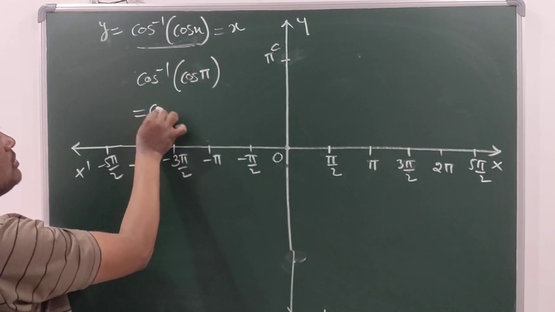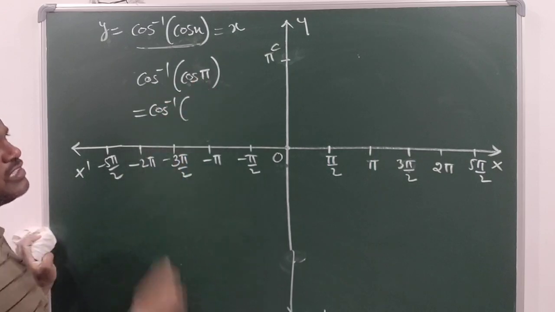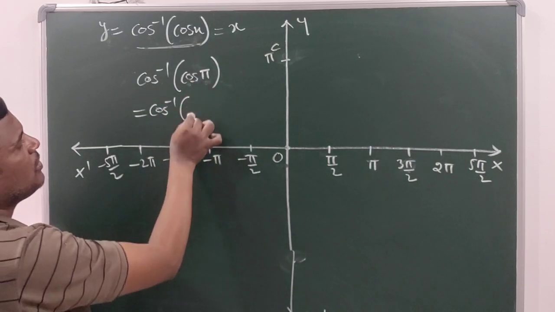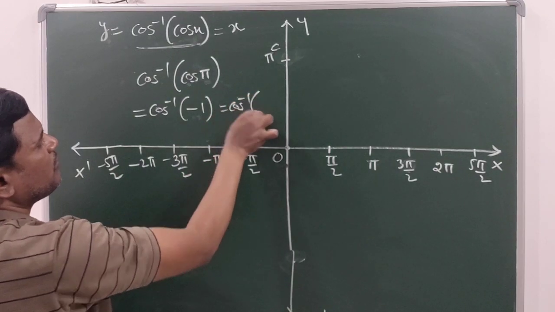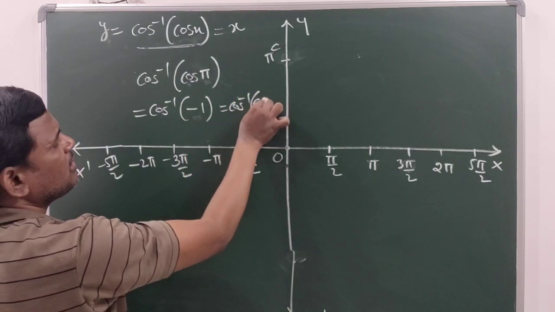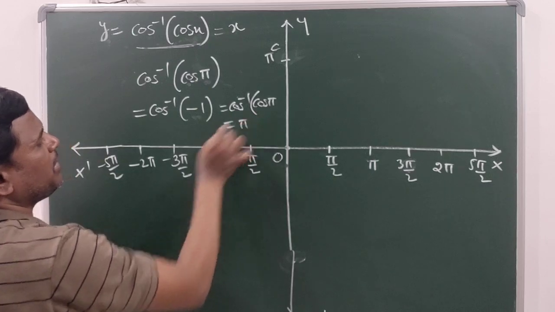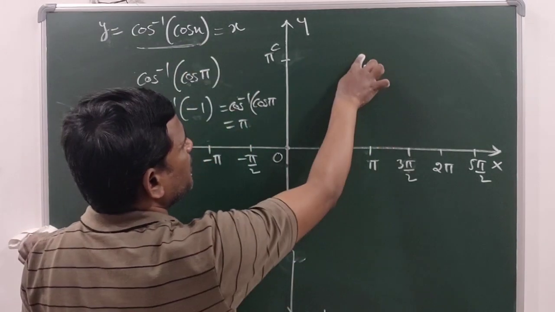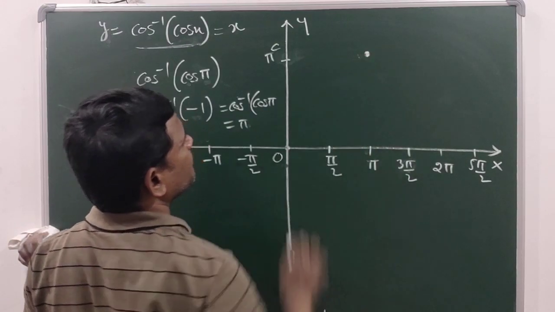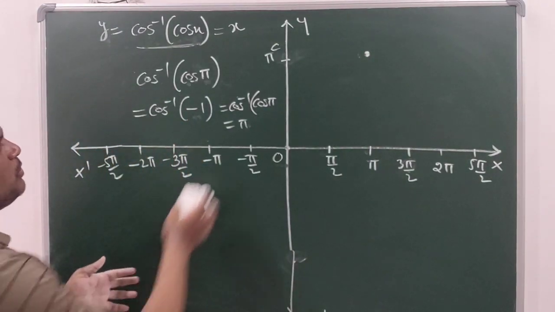Now cos inverse of cos pi value is cos inverse of minus 1. Again, cos inverse of this minus 1 you have to write as cos pi, which is equal to pi. So domain is pi, respective range is pi. Okay, na students.